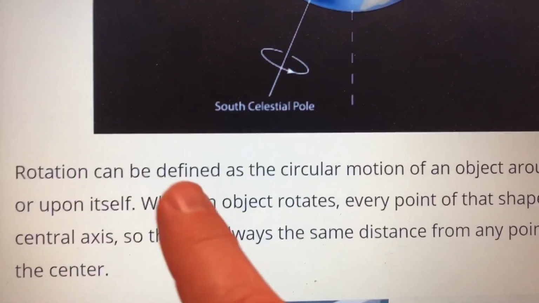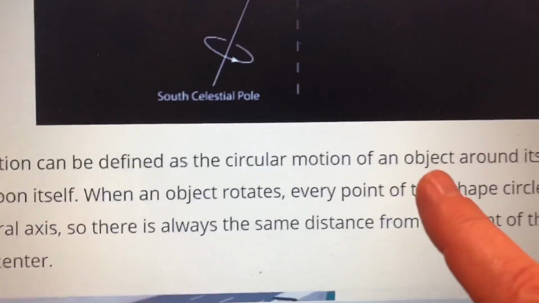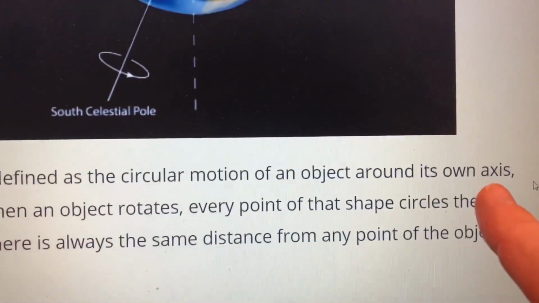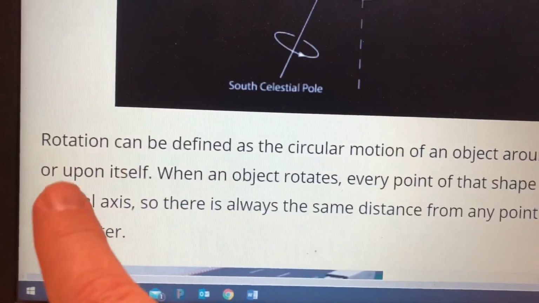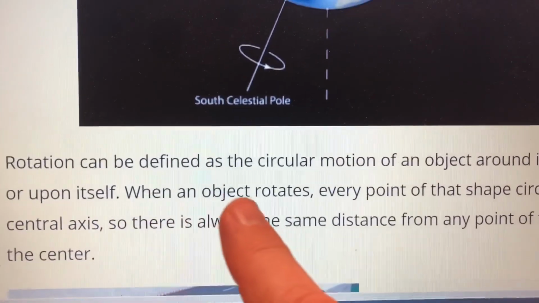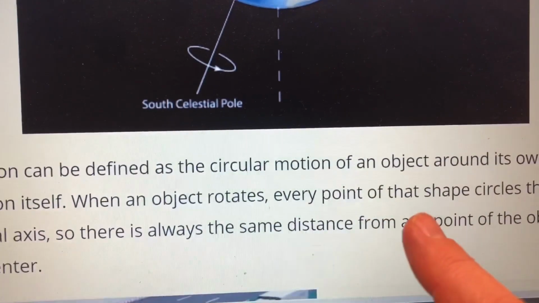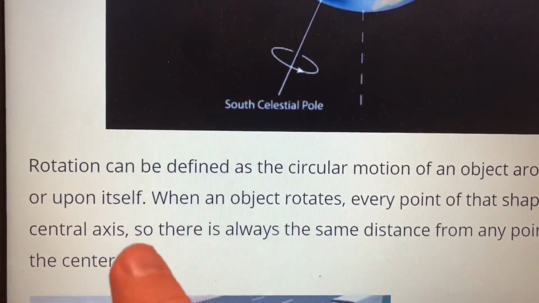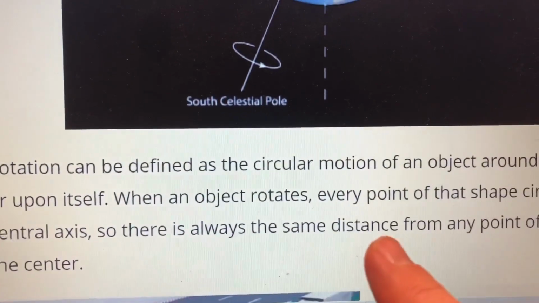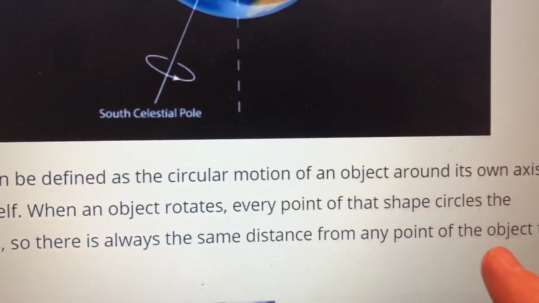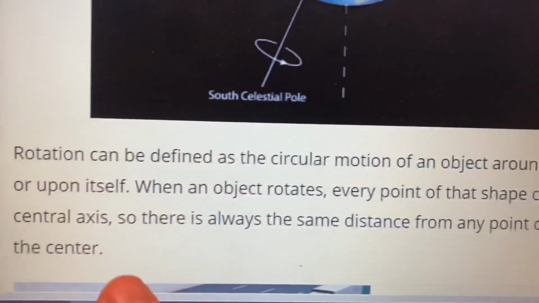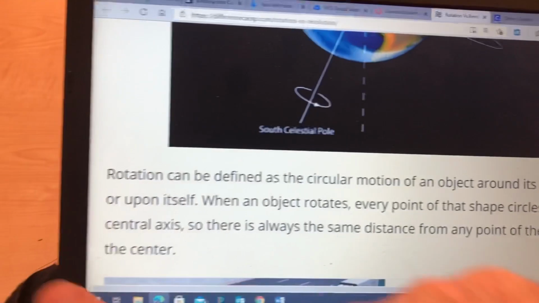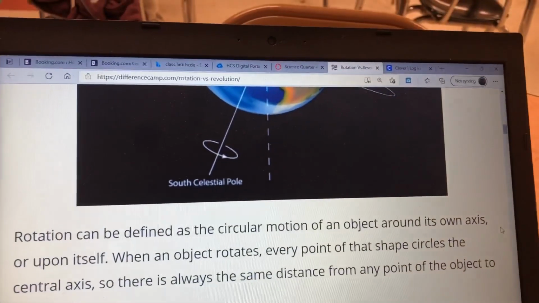Rotation, that's the first one, can be defined as the circular motion of an object around its own axis or upon itself. When an object rotates, every point of that shape circles the central axis. So there is always the same distance from any point on the object to the center. So it is not going around something.